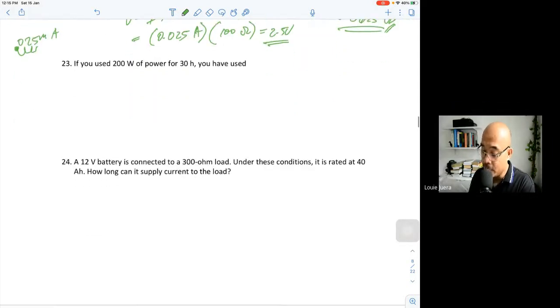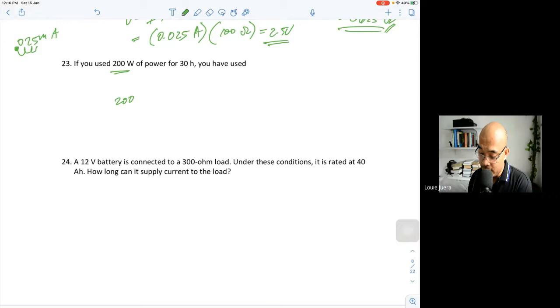Let's solve number 23 here. If you use 200 watts of power for 30 hours, basically we just have to compute for the kilowatt hour. The normal answer should be in kilowatt hour. So we have to convert the 200 watts to kilowatts first.